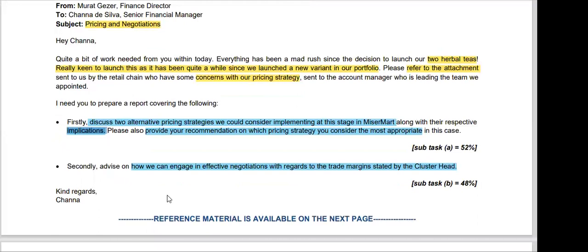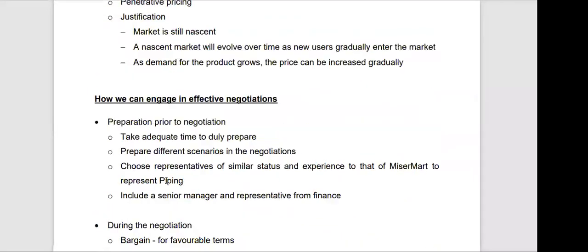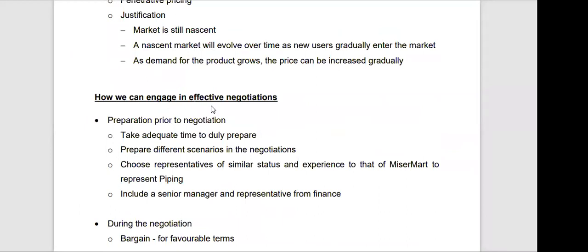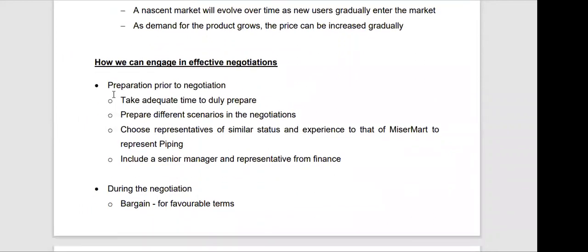And for subtask B, which is about negotiations, I've used: how we can engage in effective negotiations. The main heading is bold and underlined. All right, let's look at the points which need to appear in the answer plan. Preparation prior to negotiation. So prior to negotiation, what are you supposed to do?